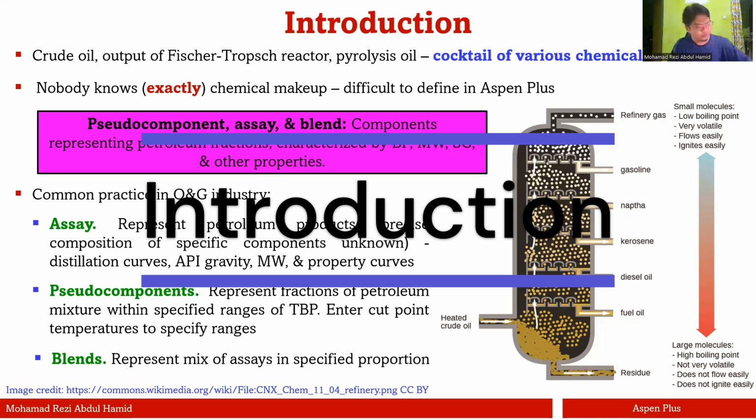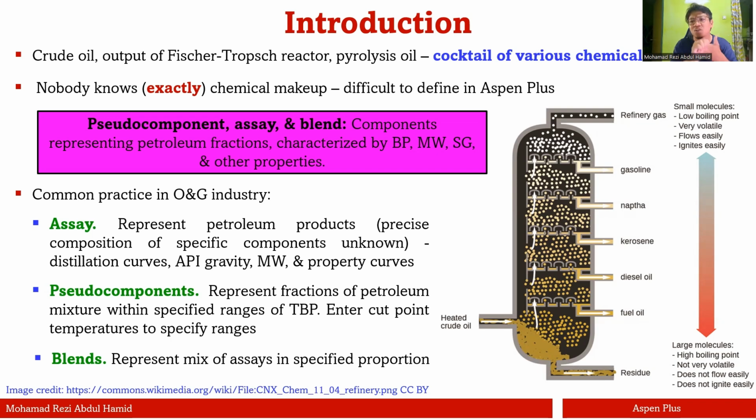As we all know, crude oil from various locations has fractions such as naphtha, kerosene, jet fuel, what else? Gasoline, diesel, fuel oil, lubrication oil, and then another example of material would be output of Fischer-Tropsch reactor, low pressure or maybe high pressure, and then output of the pyrolysis oil reaction, or basically pyrolysis oil.